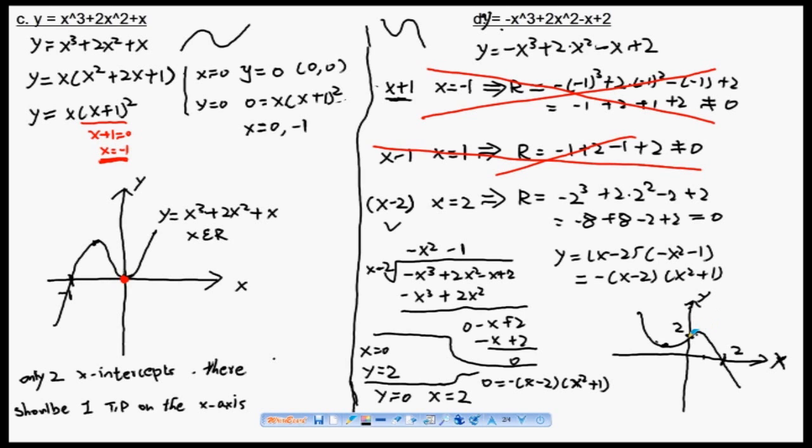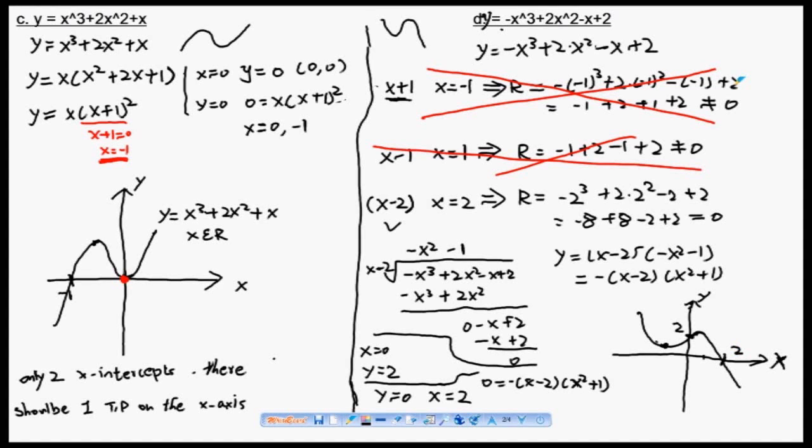We don't have to find the exact coordinates of the turning point for now, but if we use differentiation, we can find the exact turning point and obtain a more accurate graph.